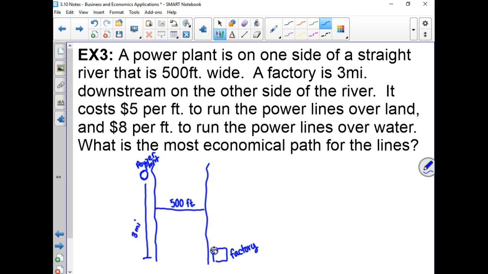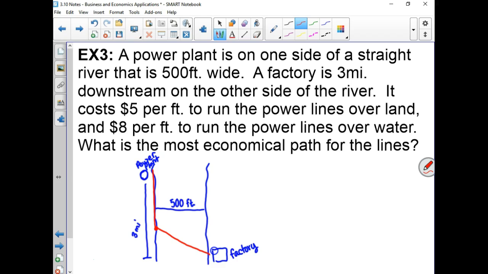So there's probably something somewhere between, where we went downriver and then across at an angle like that, that's probably our cheapest path. But we must do some math to figure out for sure.